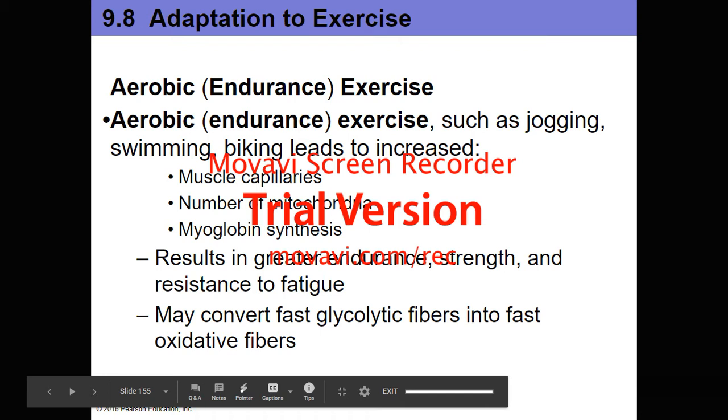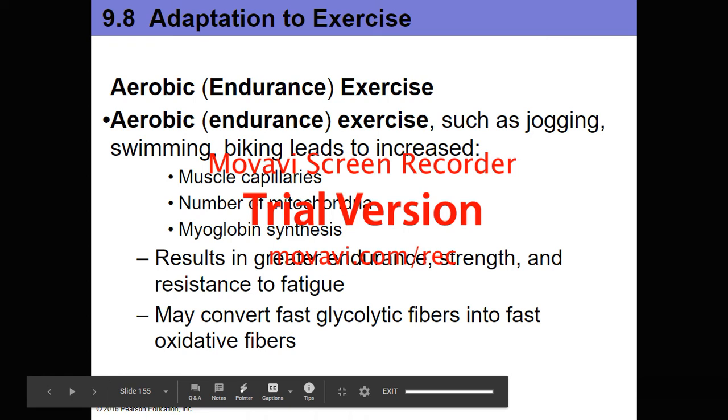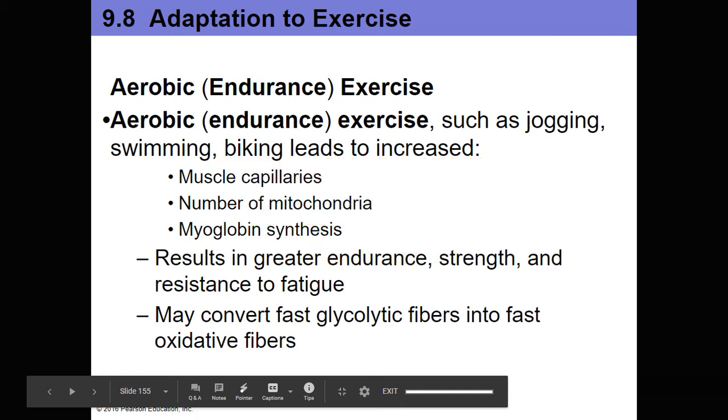Aerobic exercise such as jogging, swimming, and biking leads to increased muscle capillaries, number of mitochondria, and myoglobin synthesis. The result is greater endurance, strength, and resistance to fatigue. And you can convert fast glycolytic fibers into fast oxidative fibers.